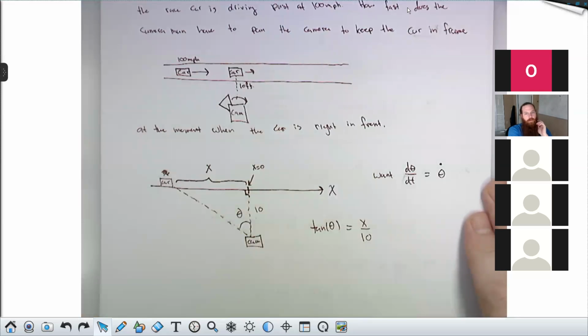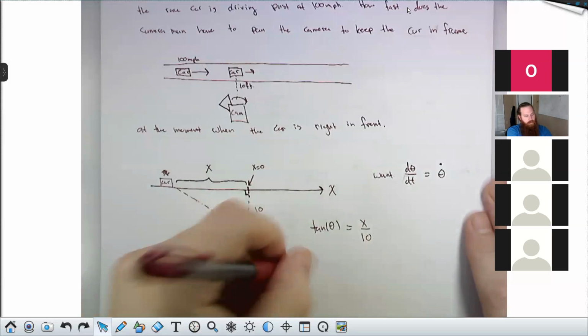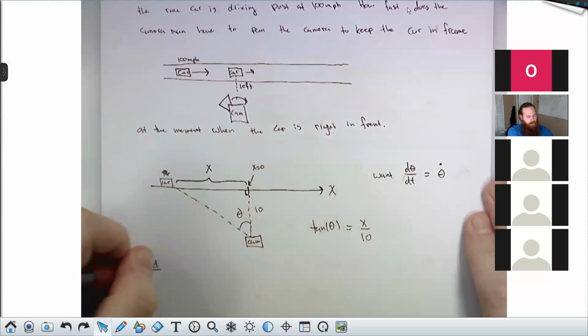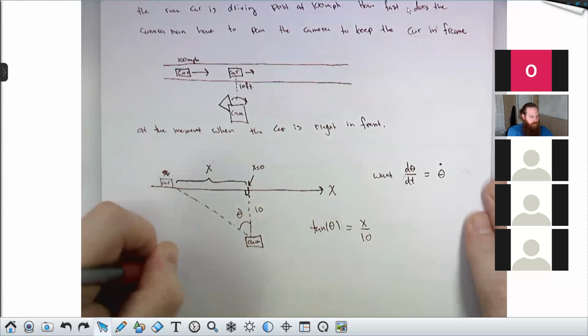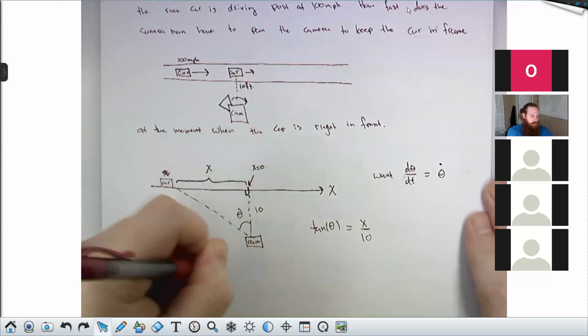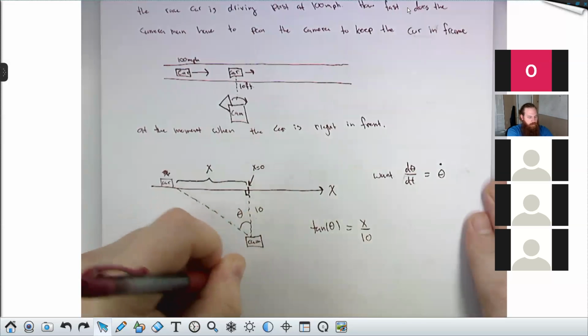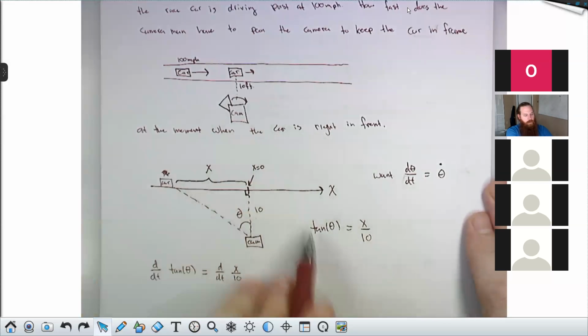So now I want to differentiate through this with respect to t. So I'll take d dt on both sides. That's d dt of tan theta equals d dt of x over 10. First, are we all comfortable with where this came from?